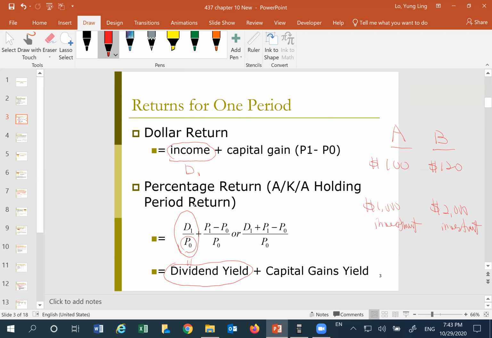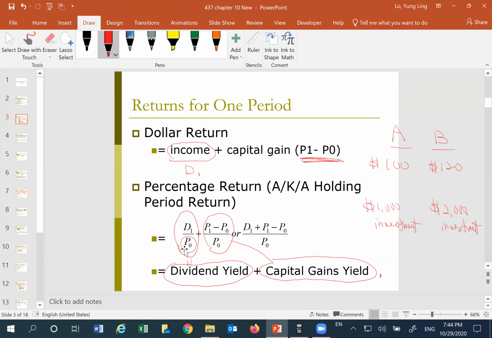Now, capital gain, we know that's calculated as your P1 minus P0. If you divide that capital gain also by the same P0, which is the initial investment, then it will give us the capital gains yield. Okay, capital gains yield. Now, when you add these two components together, then you will obtain this holding period return.